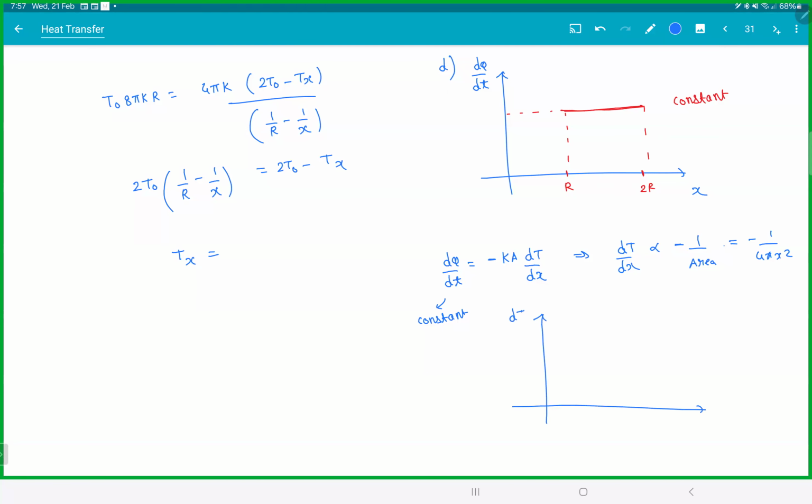So if you plot dt by dx versus x graph, it would be something like y is equal to minus 1 by x square types. So this is how the graph looks. It's a decreasing function.